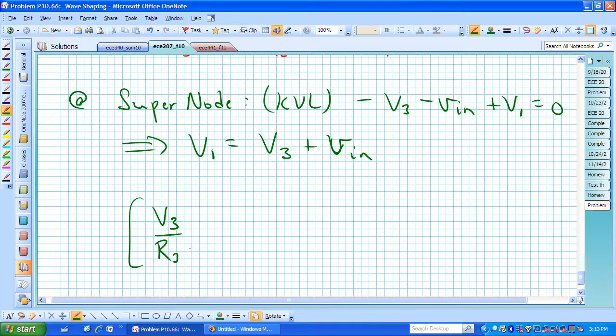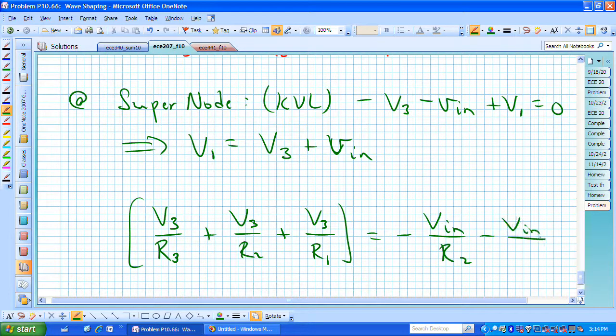This is R3 plus V3 over R2 plus V3 over R1, and that's equal to minus Vn over R2 minus Vn over R1. And we can now replace these values. This was 1K, this was 1K, this was 2K, this was 1K, and this was 2K.